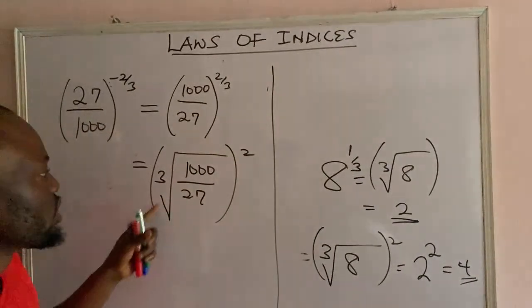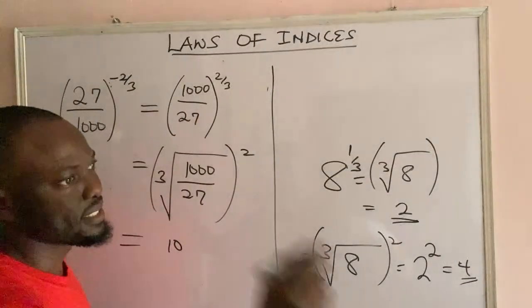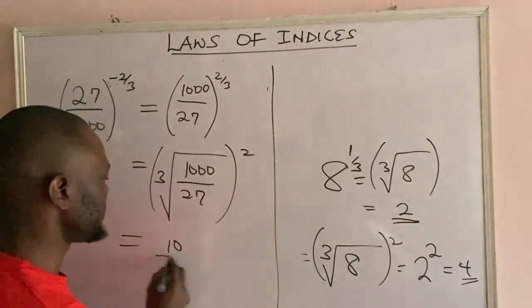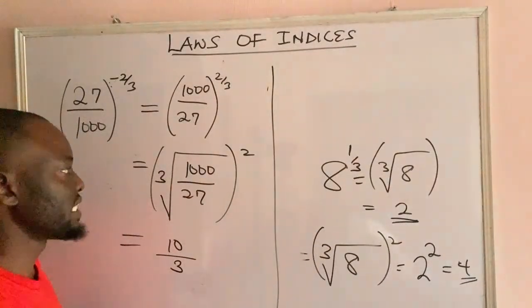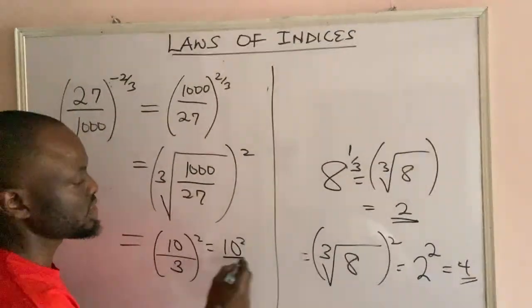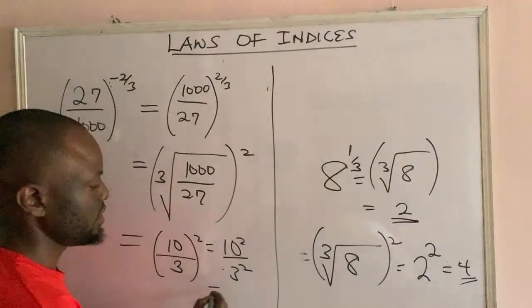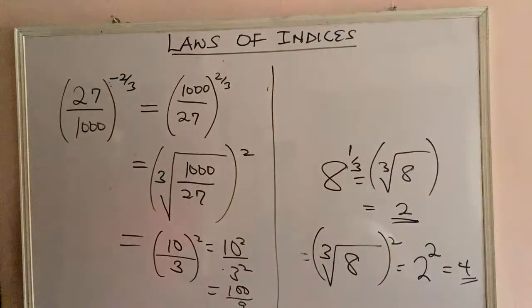Now the third root of 1000 is 10, because 10 times 10 times 10 will give you 1000. And the third root of 27 is 3, because 3 times 3 times 3 will give you 27. So all squared, which is 10 squared over 3 squared, gives 100 over 9. All right? So that's how to go about that.